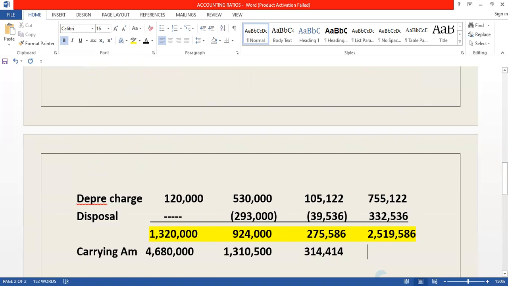Yes. Just add the three figures together. Whatever we get is the final. 6,304,914.